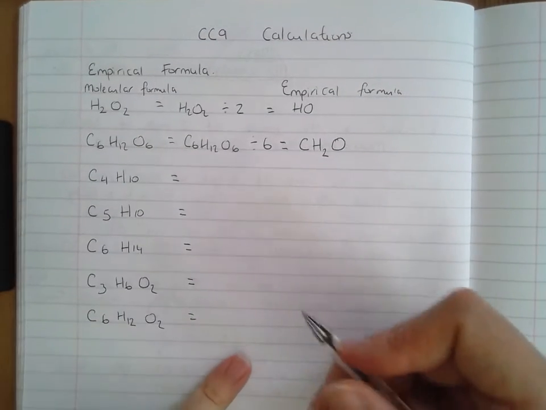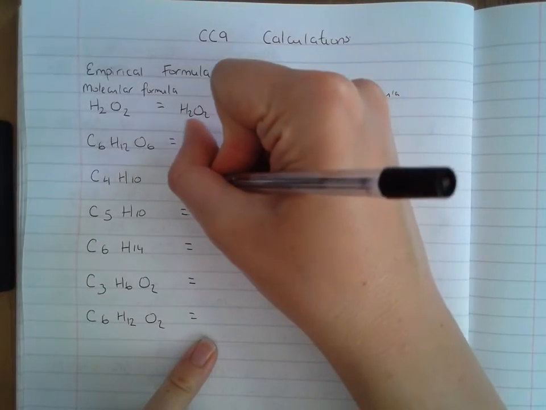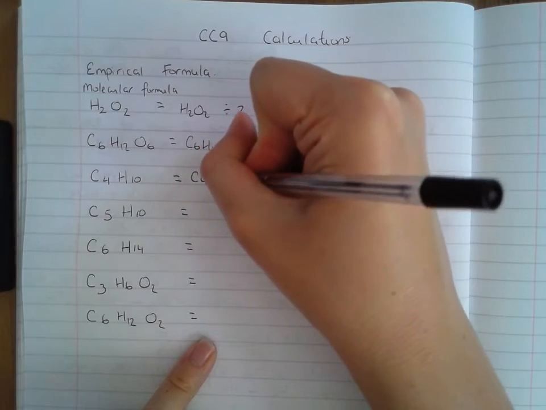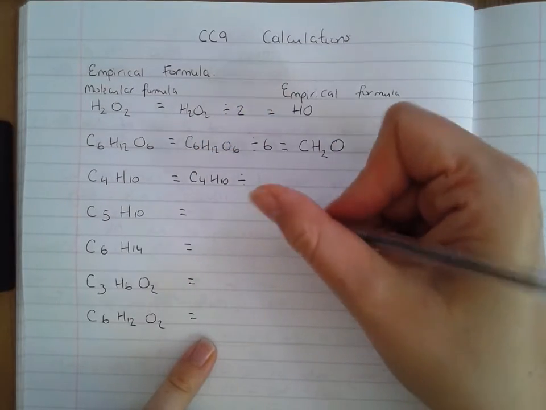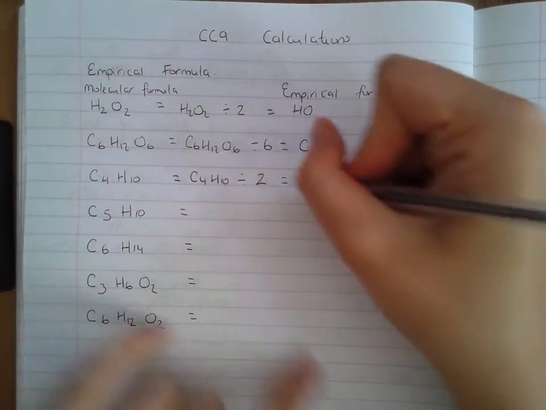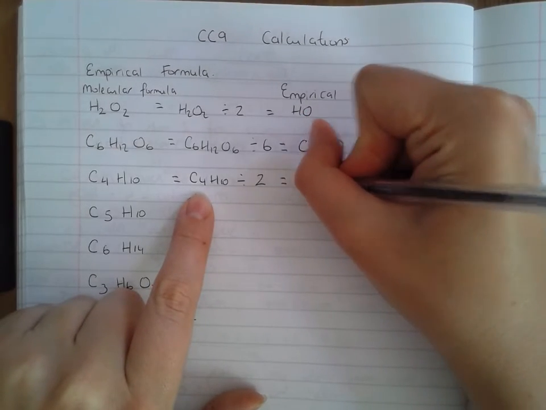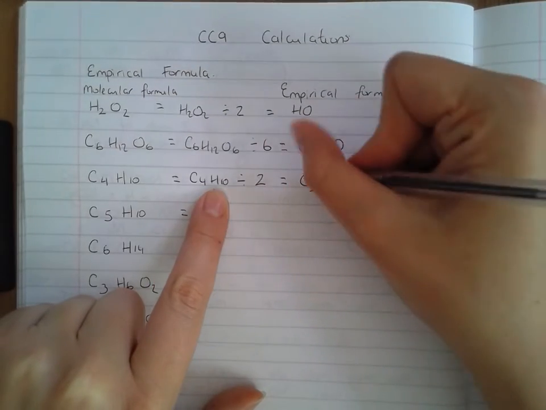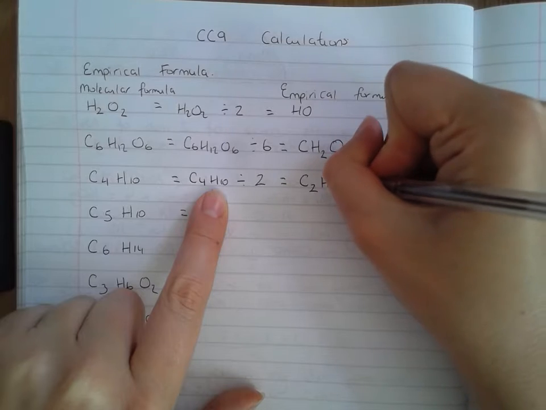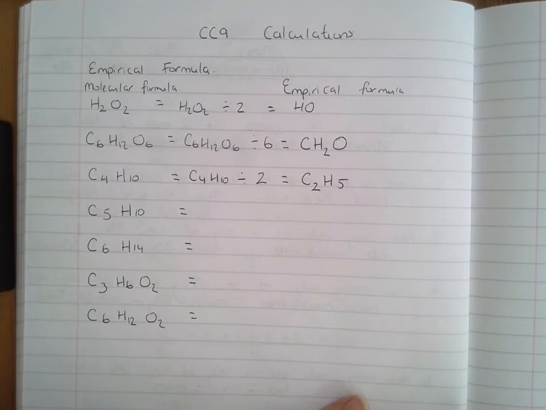The next one, C4H10, the biggest number that will divide evenly across is again 2. 4 divided by 2 is 2, which gives me C2. 10 divided by 2 is 5. So C2H5 is my empirical formula.